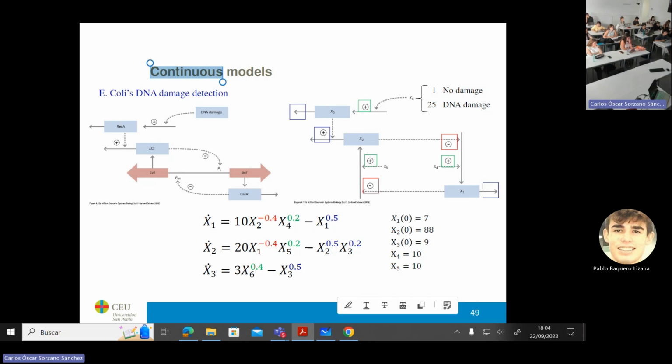So the expression of X1 is affected by X2 and X4. X2 has a negative effect, so it is inhibiting X1, and X4 is promoting X1, and then it degrades. We have the degradation.